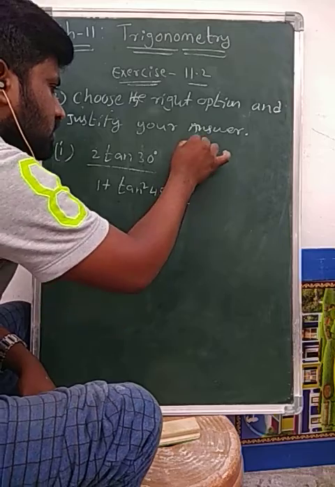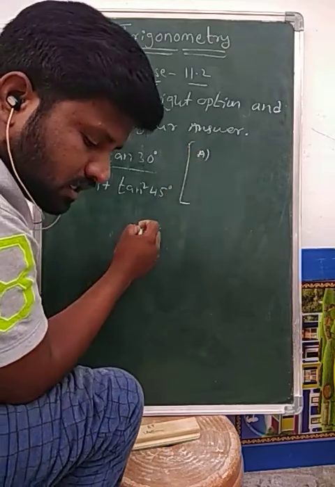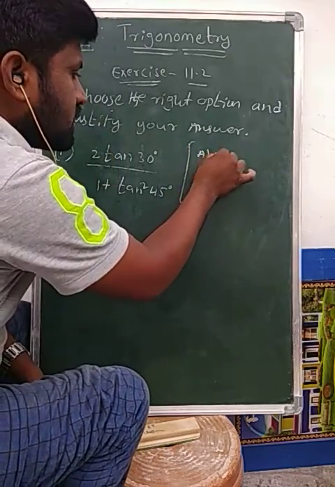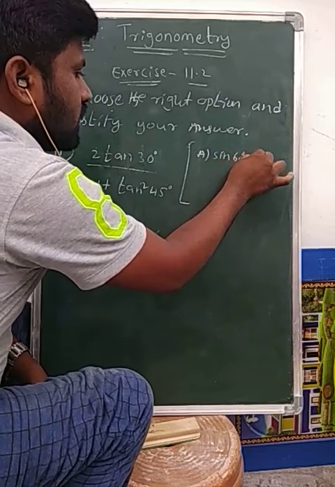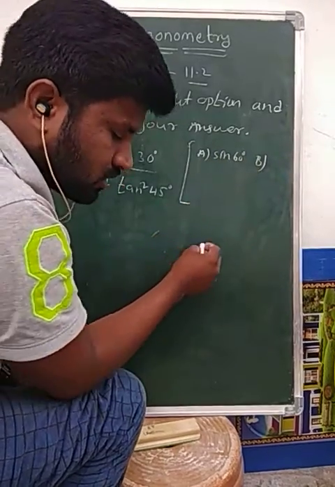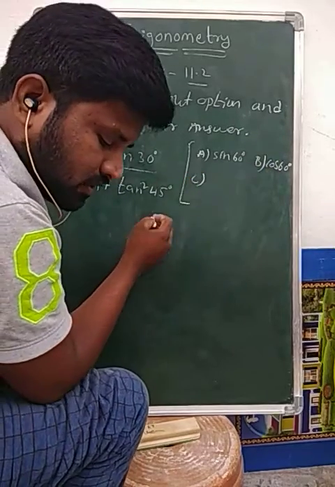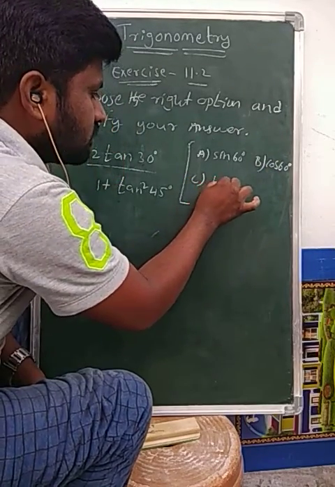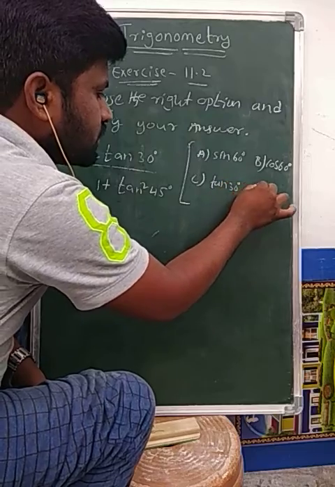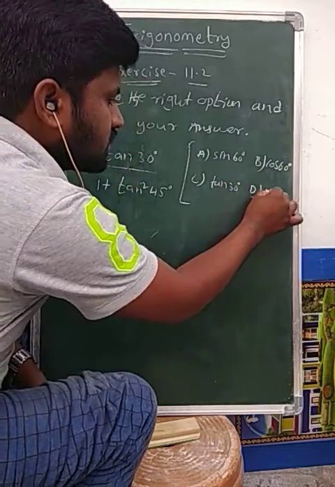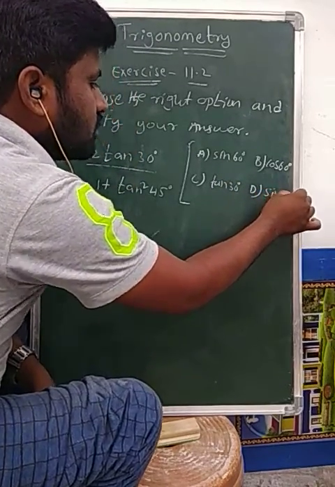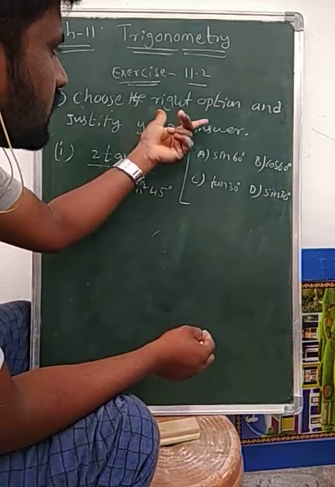Is it clear? We are given options. Option A is sin 60, option B is cos 60, option C is tan 30, and option D is sin 30. So choose the right option.